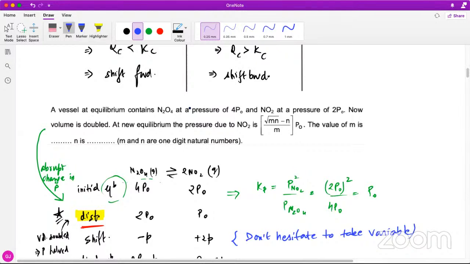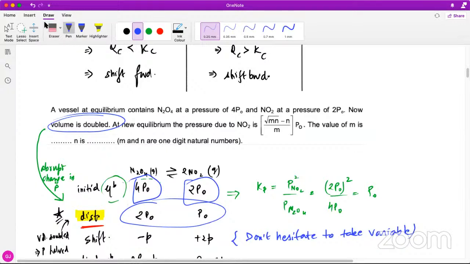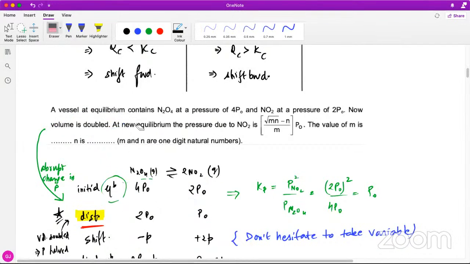Yes, sir. So हाँ, डिस्टरबेंस में ऐसा हुआ ना, आप यहाँ पे नोटिस करो ना स्मिथ, वॉल्यूम डबल करा तो प्रेशर हाफ हो जाएगा ना of what it was originally. This is something that we know about gaseous species. Yes, sir. Got it. टेम्परेचर तो अनचेंज्ड है, टेम्परेचर के बारे में कुछ बोला ही नहीं जाता यहाँ पे.